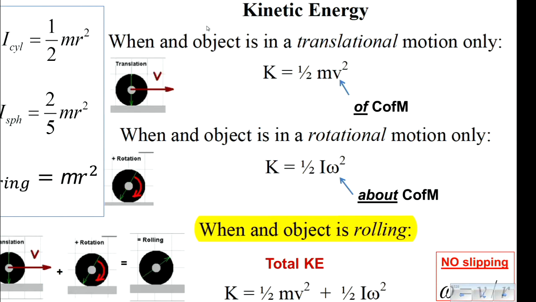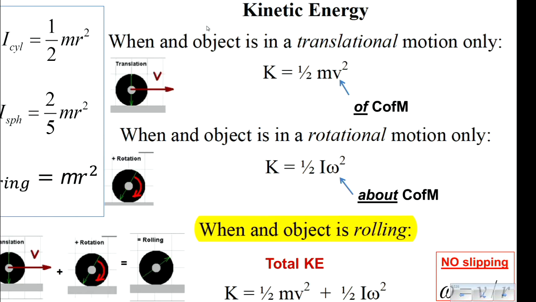For example, kinetic energy of a rolling object should have now two parts. One half mass speed squared. This term describes translational motion, how fast the center of mass is traveling in space. One half I omega squared. This term describes how fast parts of this object spin about center of mass.